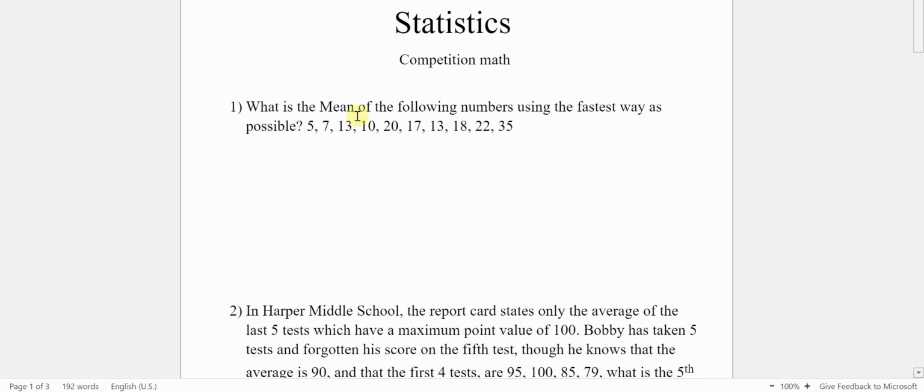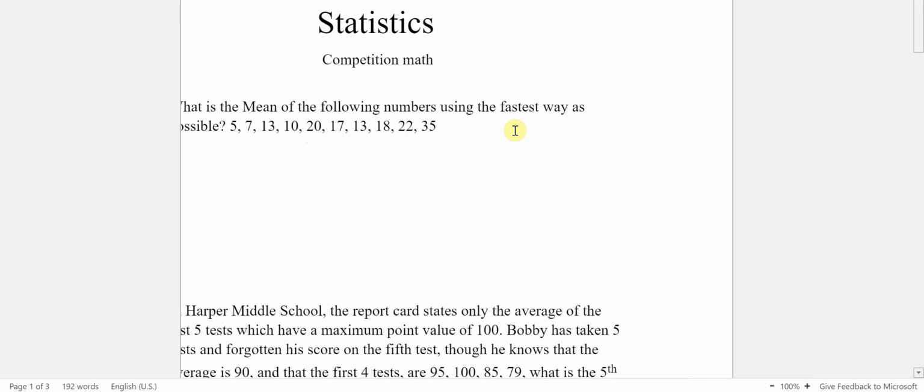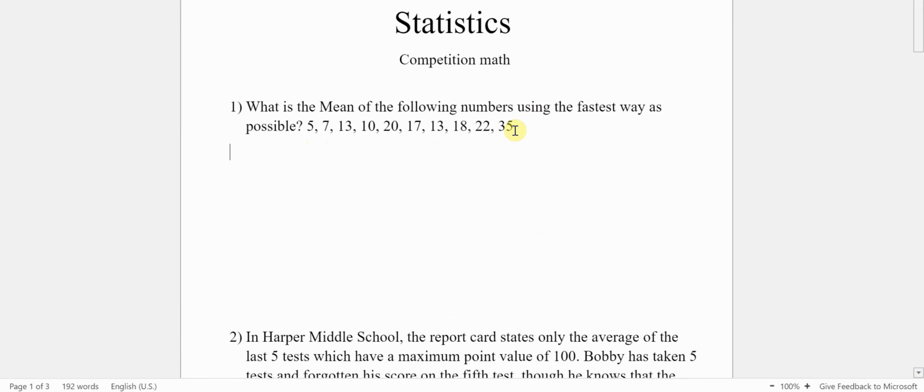Number 1, what is the mean of the following numbers using the fastest way as possible? 5, 7, 13, 10, 20, 17, 13, 18, 22, and 35. Mean is basically all the numbers added together divided by how many numbers there are.